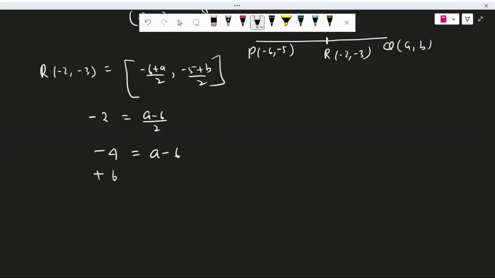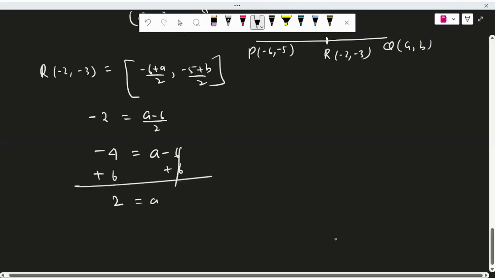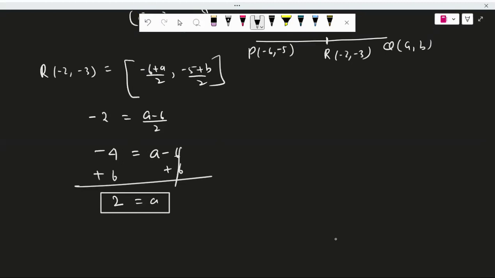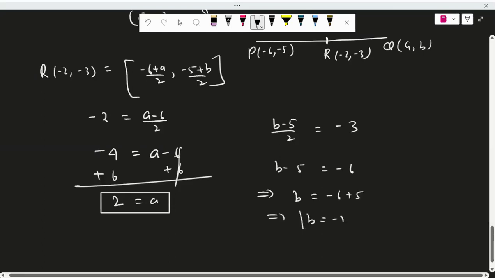Adding 6 to both sides, -4 plus 6 is 2, so the value of A is 2. For B, (B - 5) over 2 is -3. Multiplying by 2, B - 5 equals -6, so B equals -6 plus 5, that comes to -1. So B is -1 and A is 2.